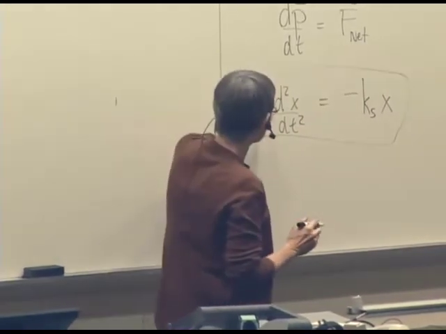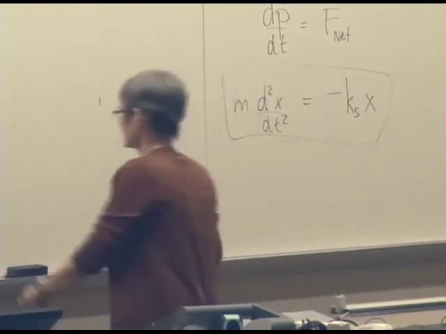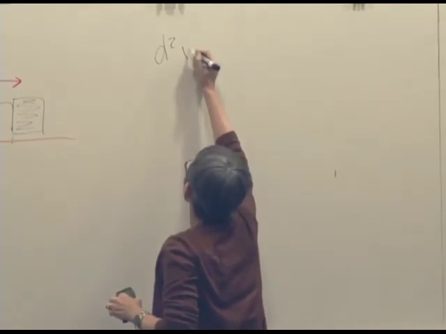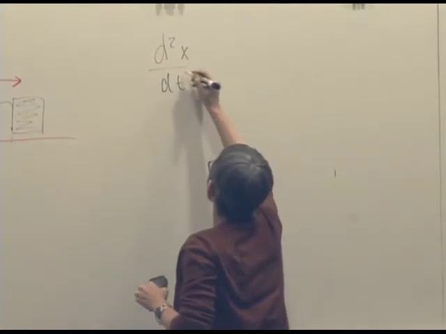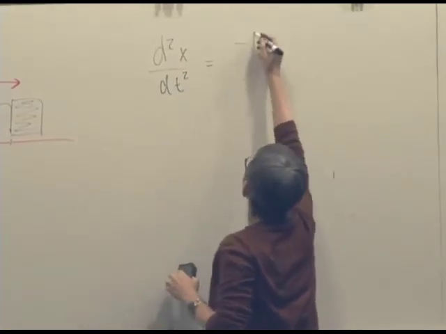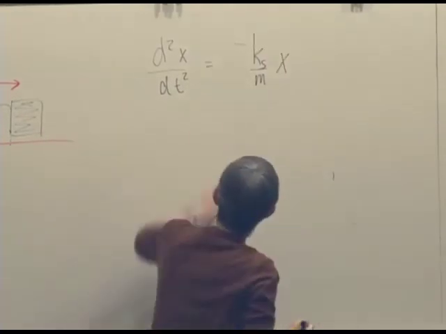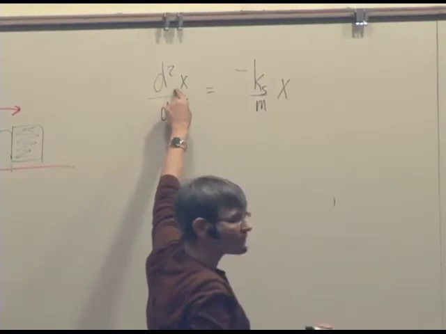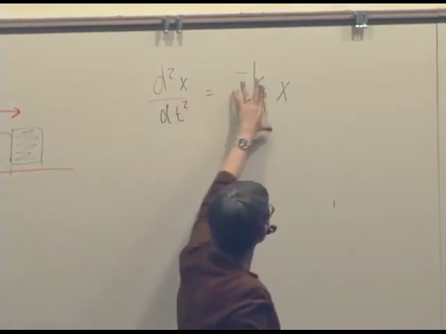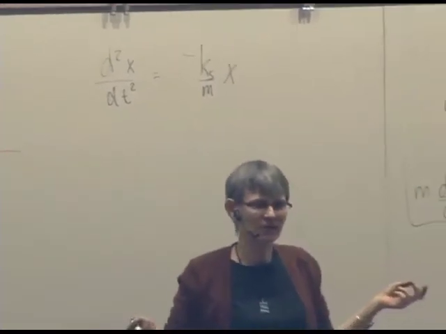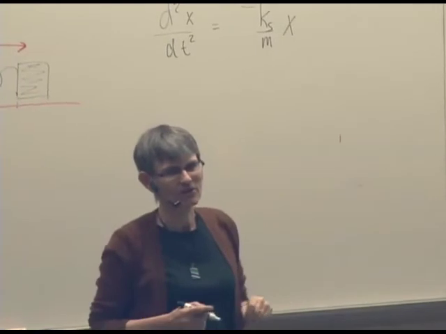And so what we have here, we can rewrite this as the second derivative of x with respect to t is equal to minus k_s over m times x. So the second derivative of the function x of t is equal to a constant times itself. So we need a function whose second derivative brings us back to that function.